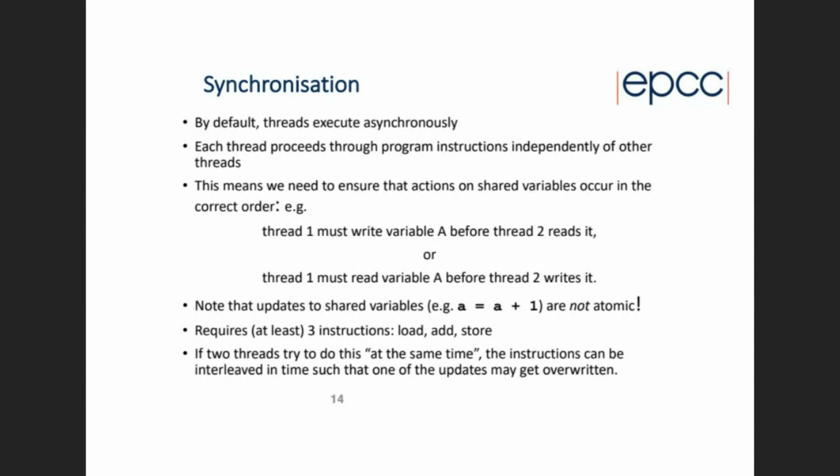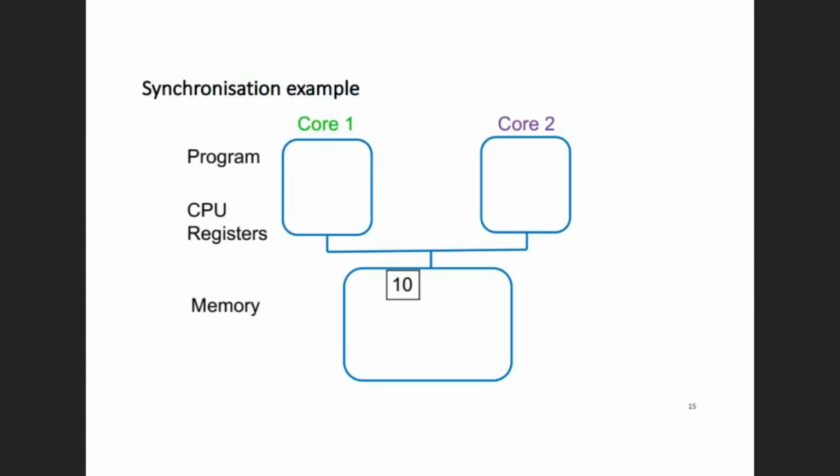Let's just walk through how that might happen. Okay. So here I'm no longer thinking about the logical shared and private data spaces. I'm really thinking about what's going on at the hardware level here. Okay, and so what do we have?